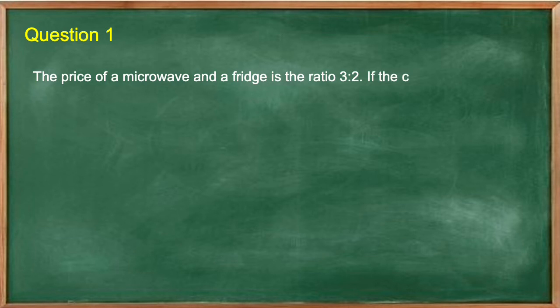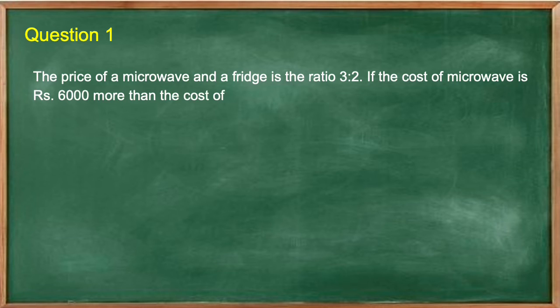Let's understand a question now. The price of a microwave and a fridge is in the ratio 3:2. If the cost of microwave is rupees 6,000 more than the cost of fridge, then what is the cost of fridge? We know the ratio of the price between microwave and fridge, which is 3:2.